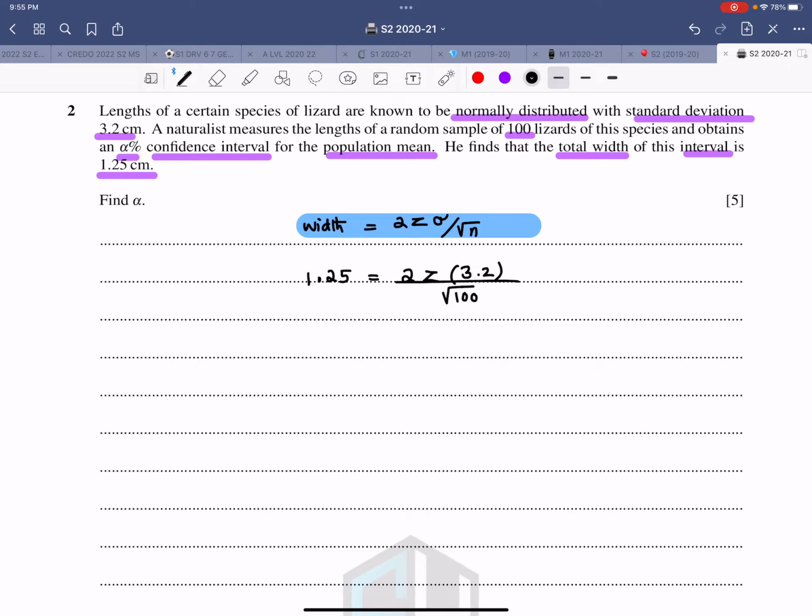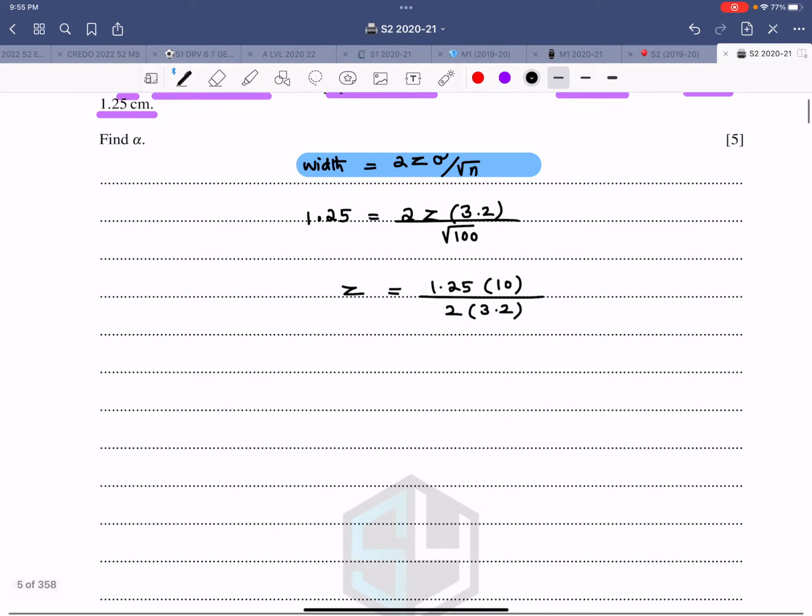If you comfortably make z the subject, and let me grab my calculator, let me do some calculation. So 1.25 multiplied by 10 divided by 2 multiplied by 3.2. I'm first writing it down, then comfortably doing the calculation. This z value comes out to be 1.953.